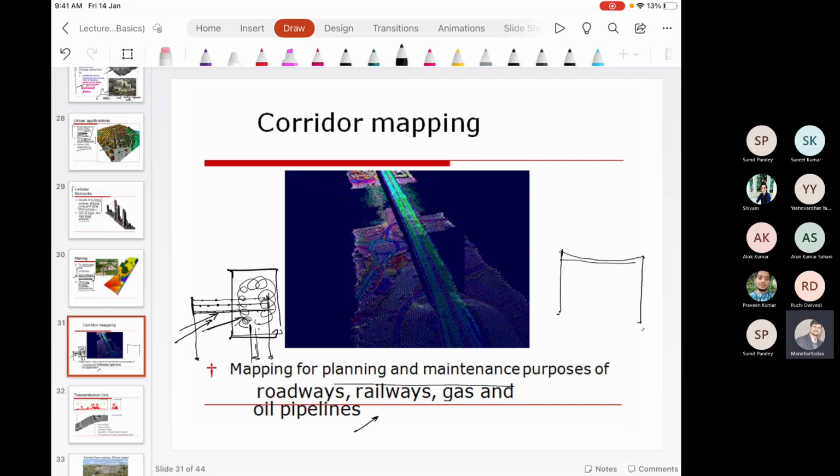The gap between these two wires decreases. So in summer, if there are heavy winds, what happens? These two just connect, and that is also one of the reasons for power failure. So once you have three-dimensional information of these wires, this gap analysis can also be done so that the required corrections can be applied.